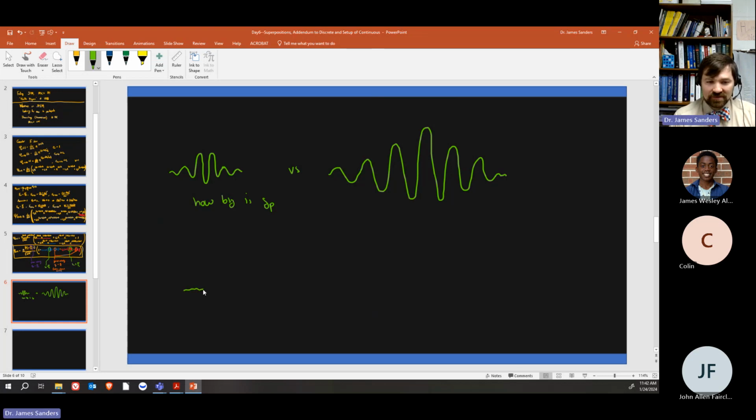You could have one that's basically wiggling like this, and then the next one repeats, as opposed to the next one repeating here.